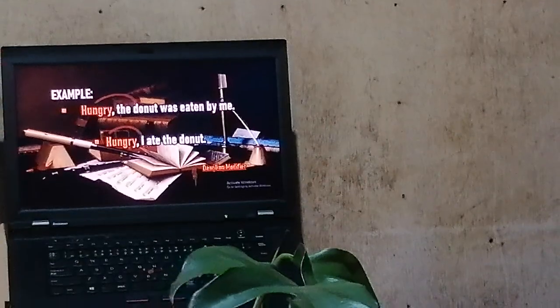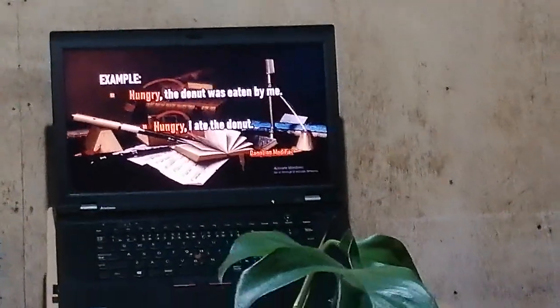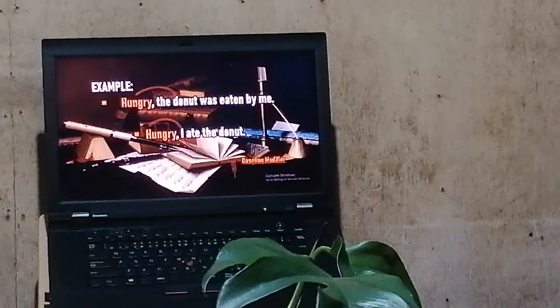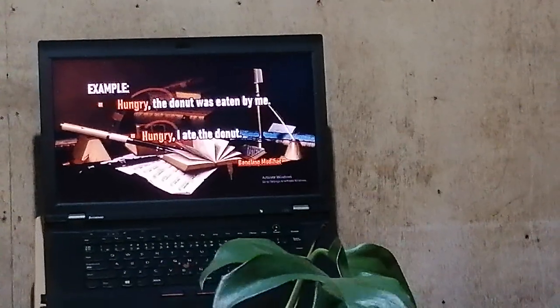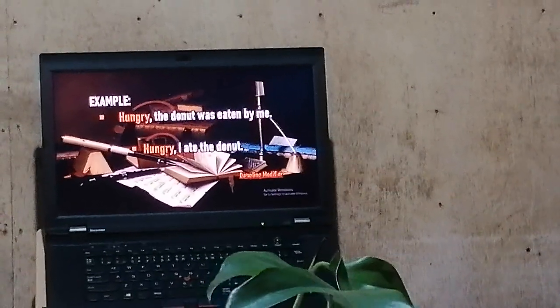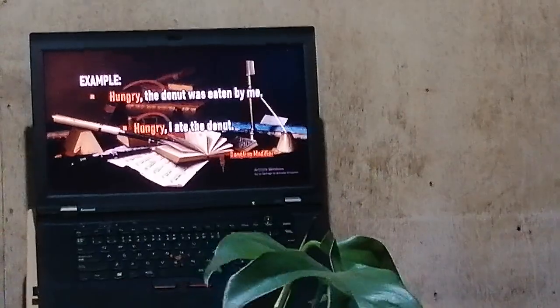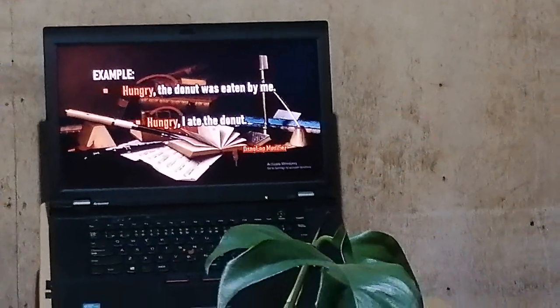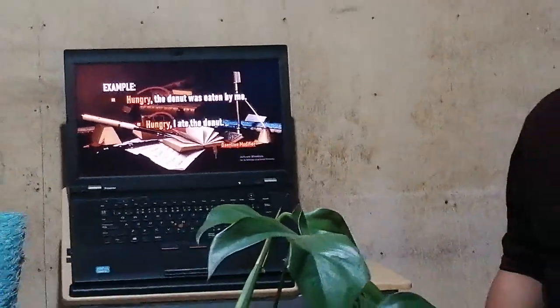So this is the correct sentence. And this is one example of a dangling modifier. It also shows that it is important to make sure that you put the word that you are modifying next to your modifier.